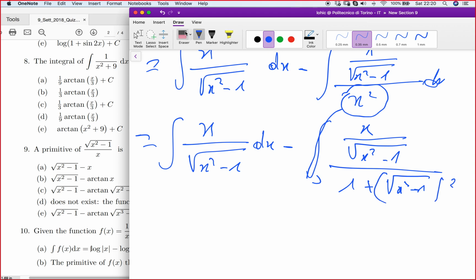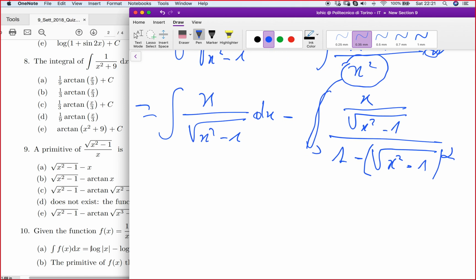Let me write it better, it didn't come out clear. If you perform all the computation, it should be the same. I mean, you can write it like 1 minus square root of x squared minus 1, all squared. Is that clear?